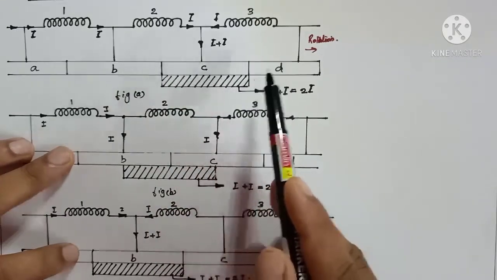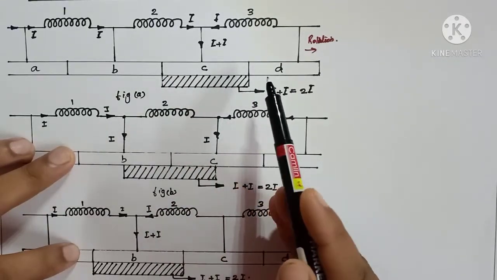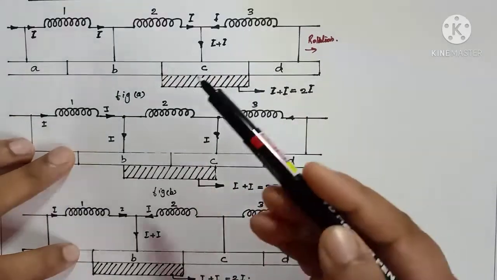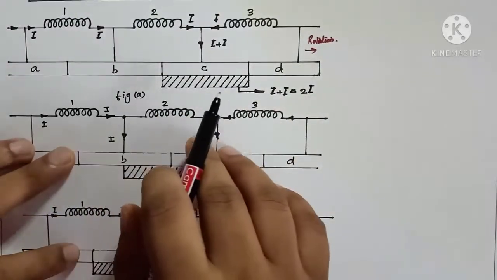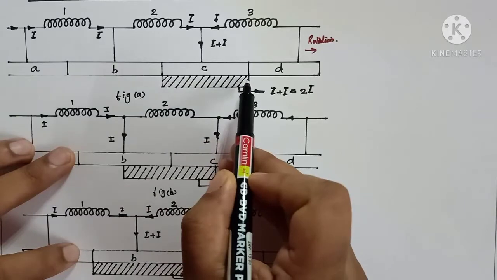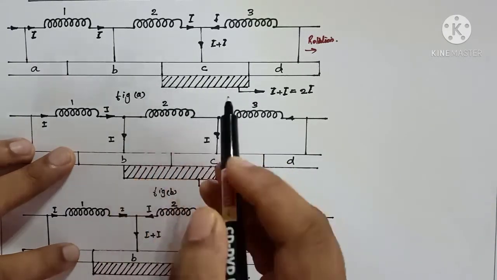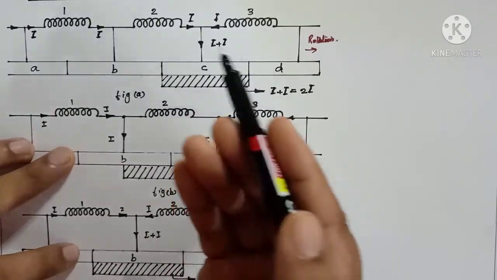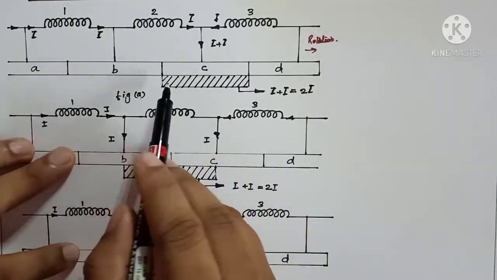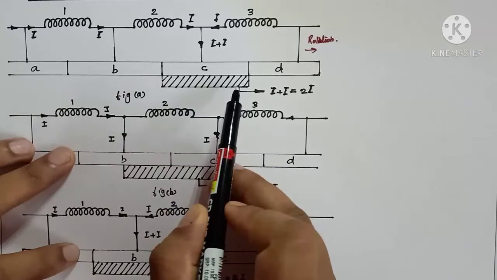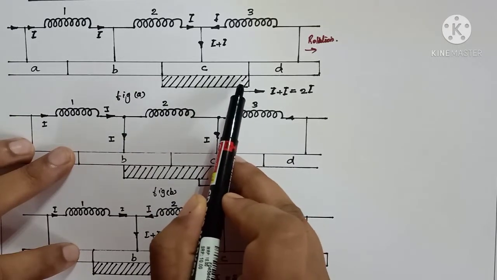And during the rotation, we know that the commutation process will take some time to complete. That means the brush, which is stationary, will move from this C and come in contact with the other commutator segments, from this region to this region.